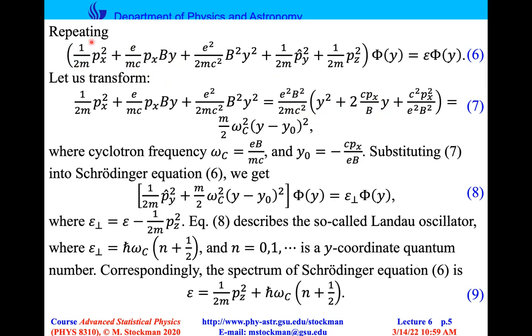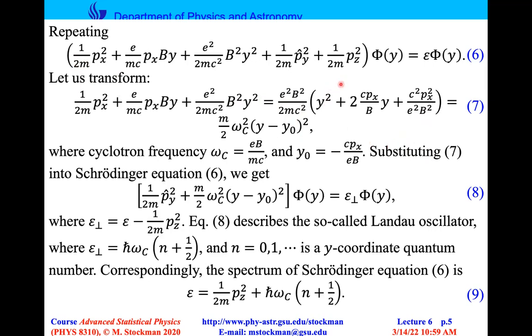Now what about this term? Look at this. If I divide by c squared, c squared disappears. B squared disappears, this B squared disappears. E squared disappears, so I'm left only with 1 over 2m, and this is exactly the correct coefficient.